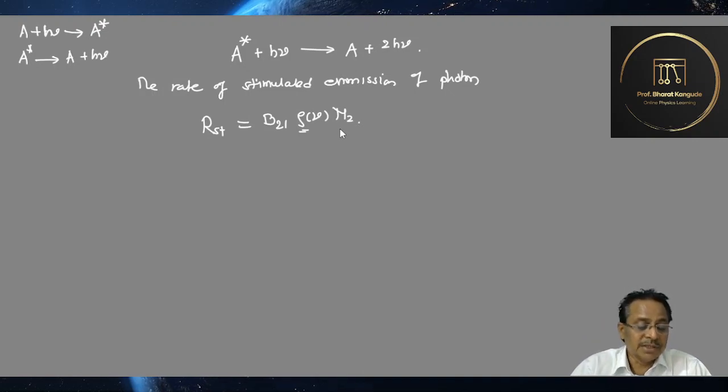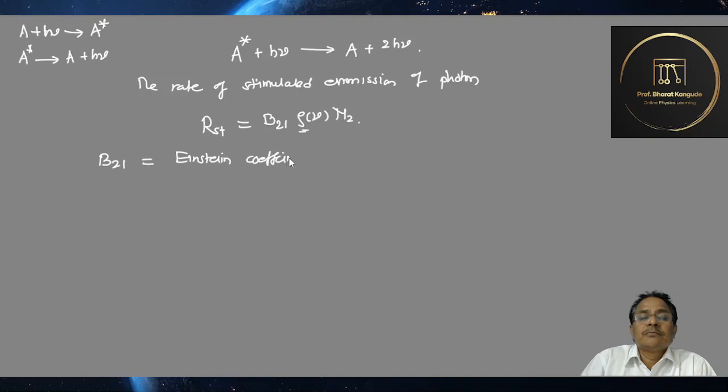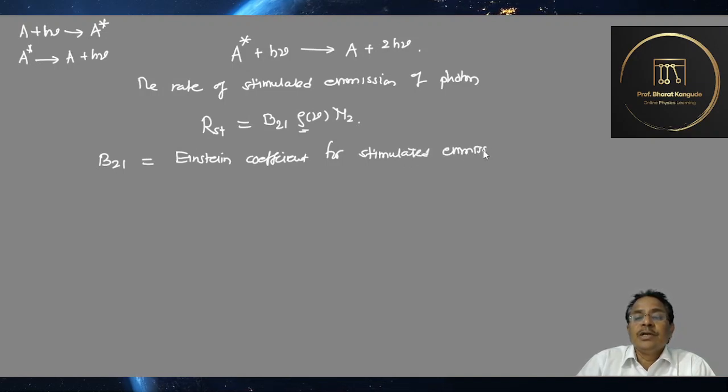That's why this relation R ST is equal to B21 into rho nu multiplied by N2, and this coefficient B21 is called the Einstein coefficient for stimulated emission.